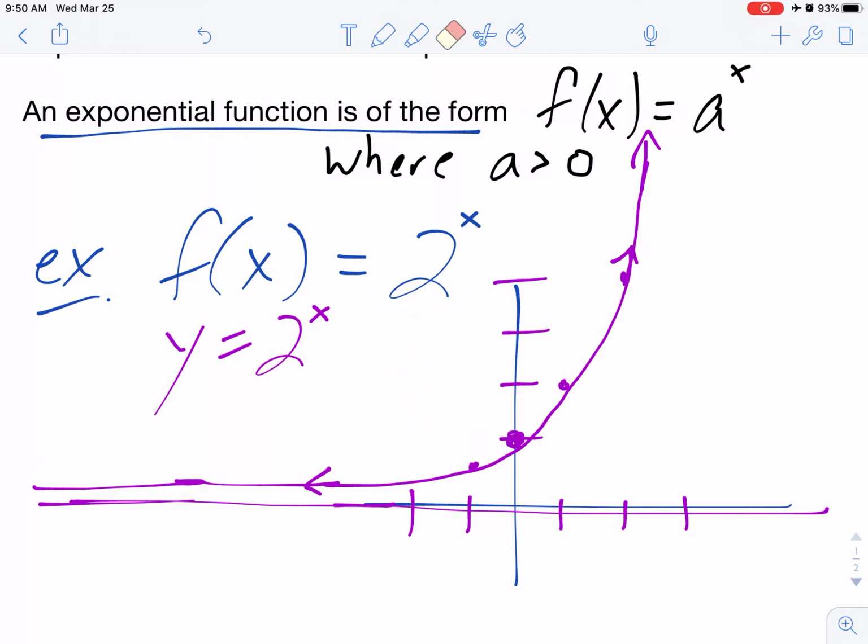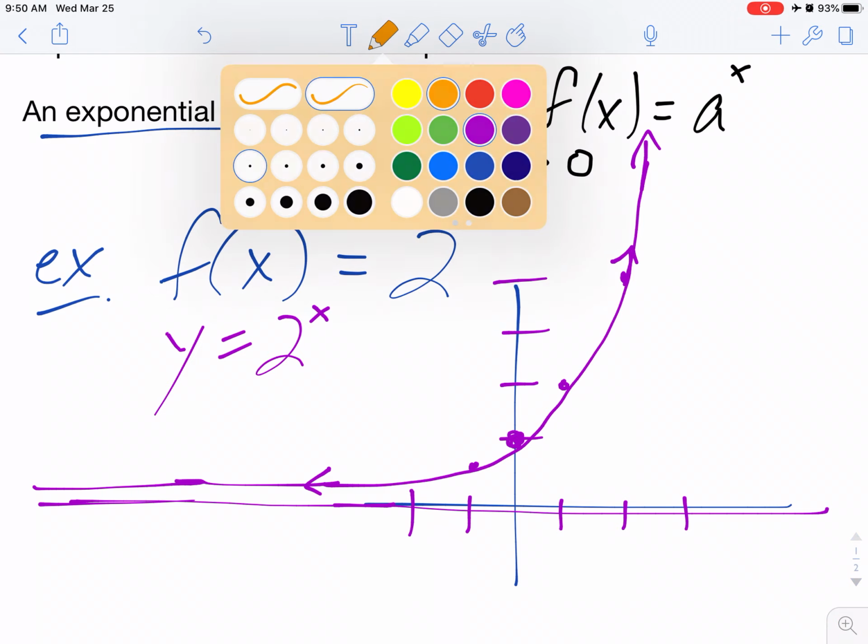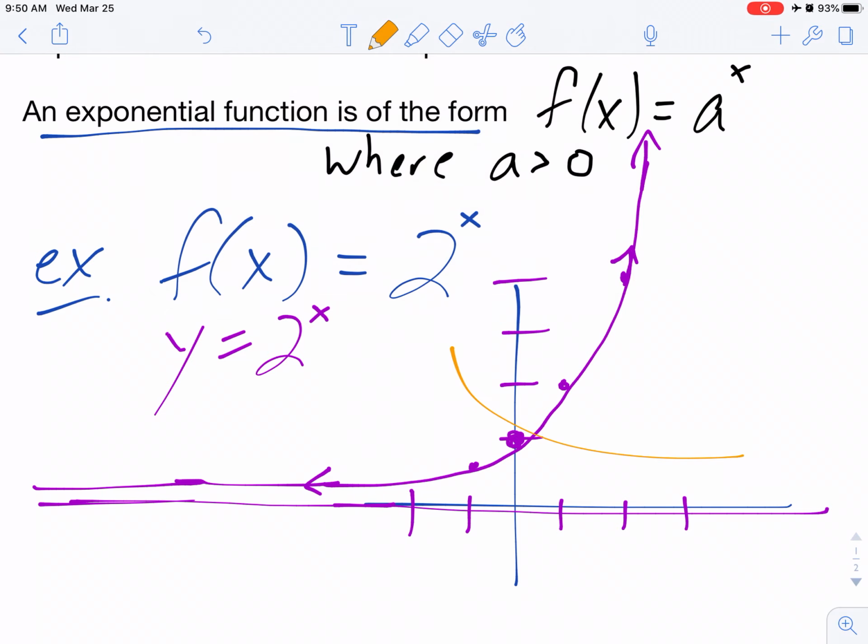Okay, so we could graph more of these. We could graph one like this. We could flip it like that. We can translate it, shift it up and down. We can stretch it. But the same basic curve shows up. So graphing them is fairly redundant. It's just moving this one basic curve around the graph.